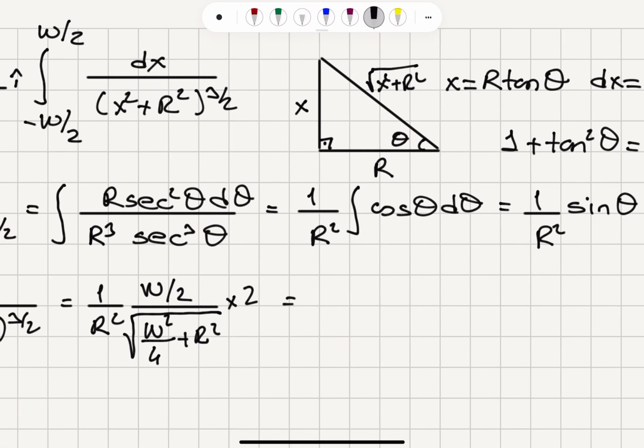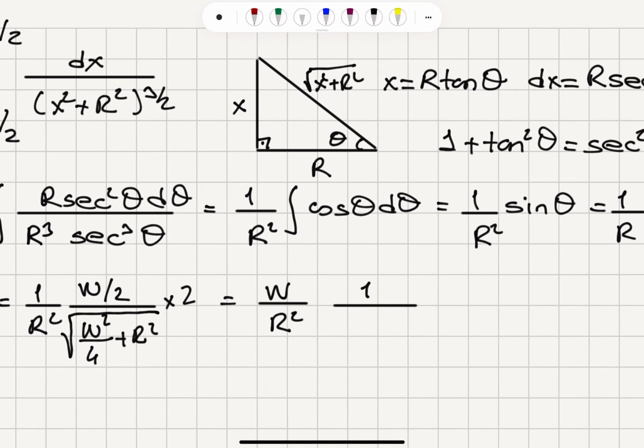So I will obtain w divided by R squared times 1 over, so you can see here, w squared plus 4R squared over square root of 4. That will give me another 2 here.